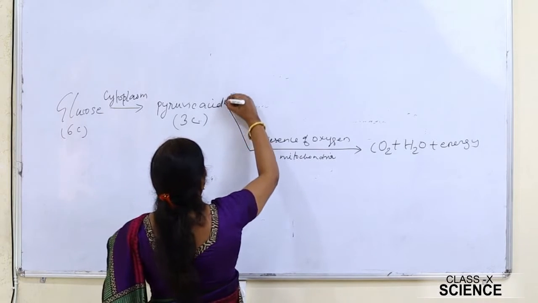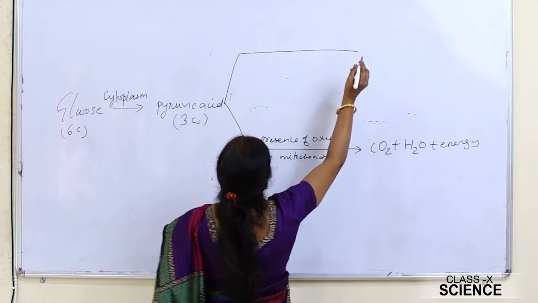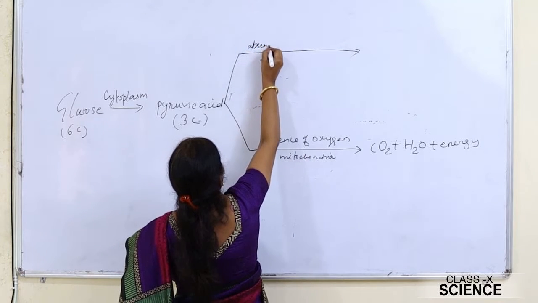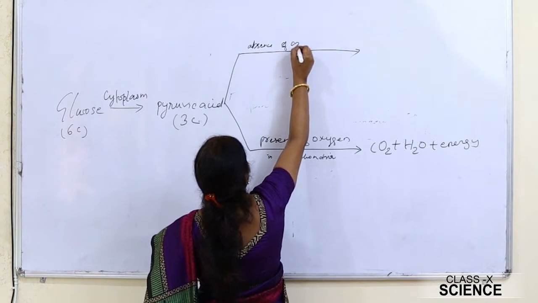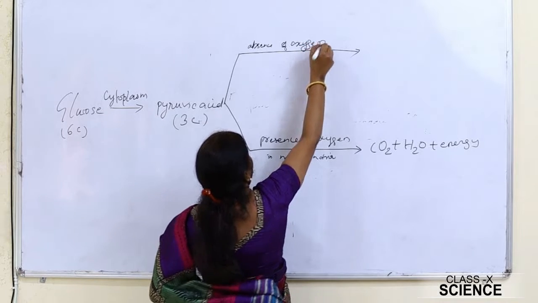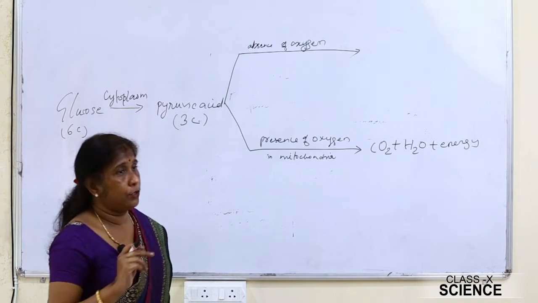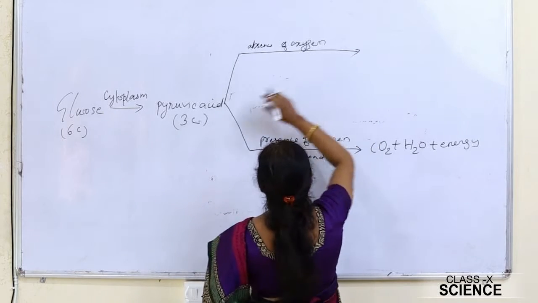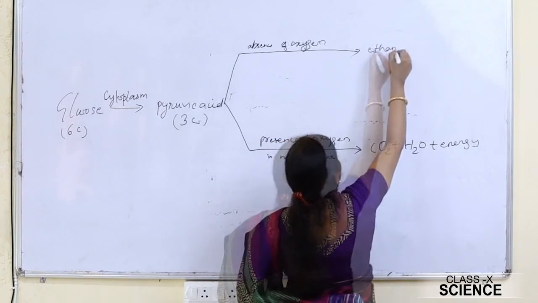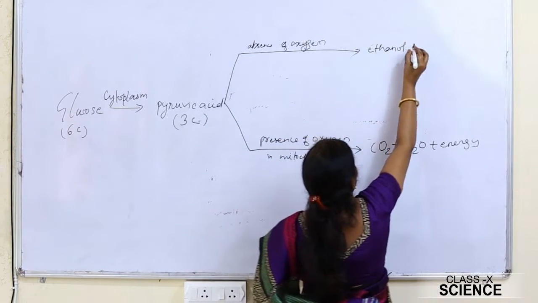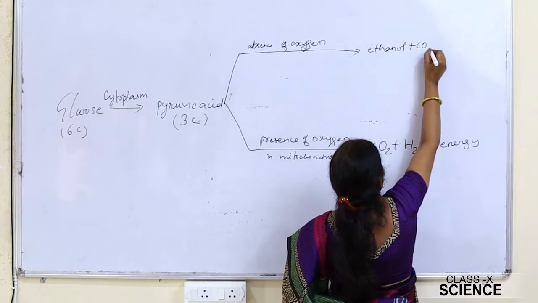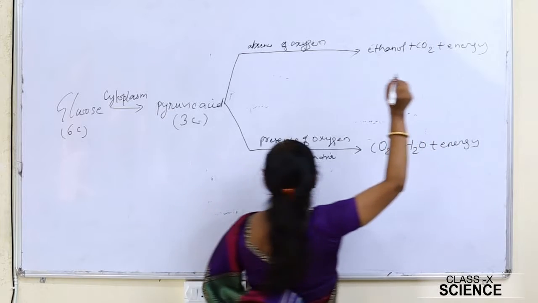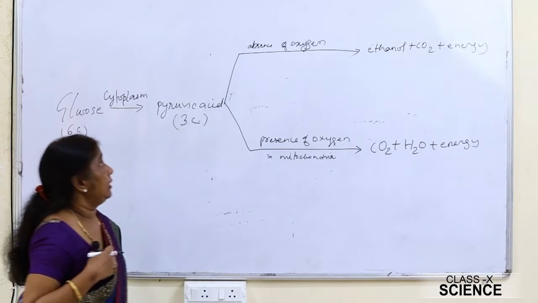Another possibility: if an organism is respiring in the absence of oxygen, at that time the pyruvic acid will be broken down into ethanol, CO2, and energy will be liberated.